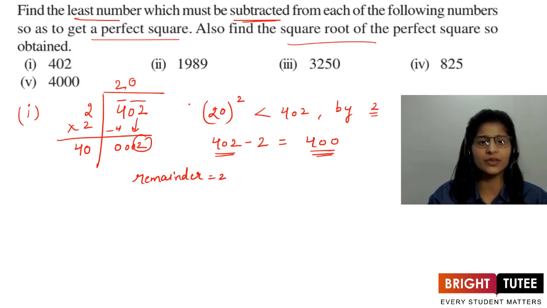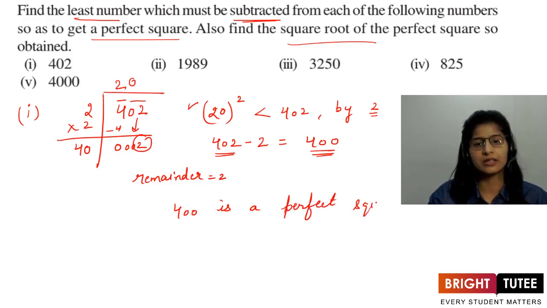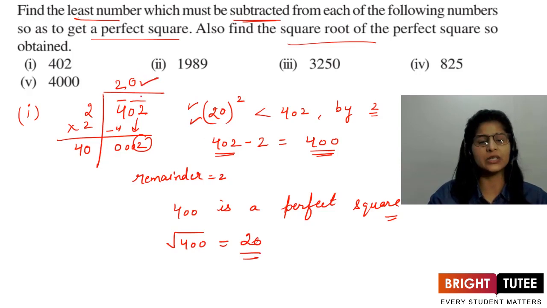It is the square of 20. So what we have to tell first is the number which is a perfect square. So we will get 400 is a perfect square. What is the square root of this 400? It is 20. I hope this is clear.